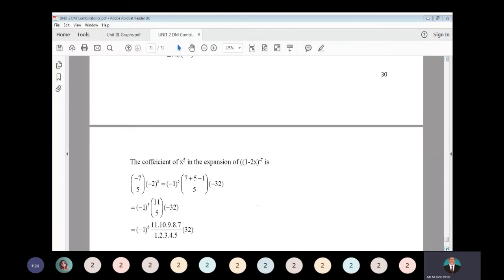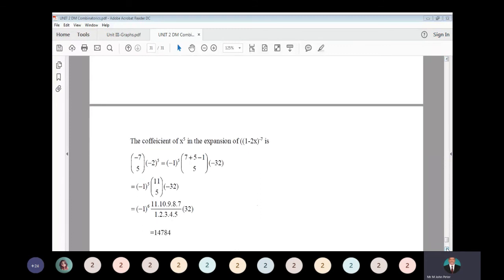So that value we identify: 11 times 10, from 11 reversely five values, down to the least value from 5. Simplifying these values, you will get 14,784 as the value.